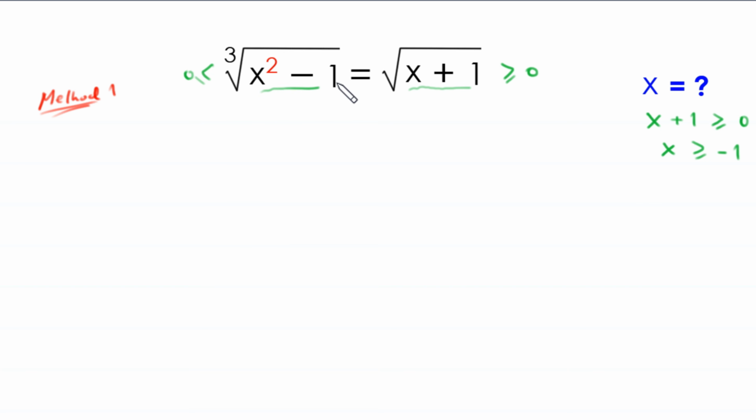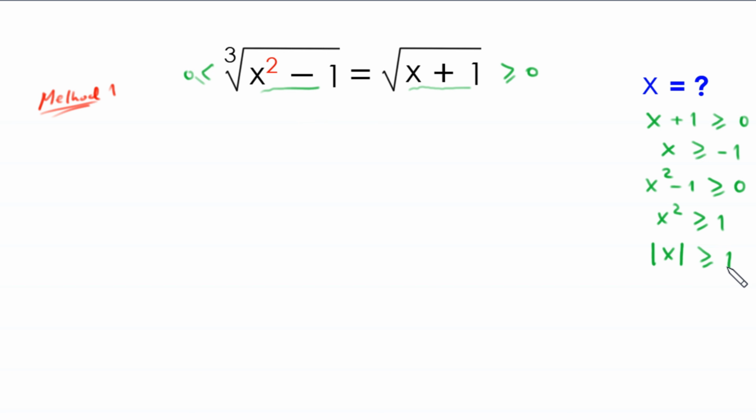This expression x squared minus 1 must be greater than or equal to 0. This implies that x squared must be greater than or equal to 1, and this implies that absolute value of x must be greater than or equal to 1.